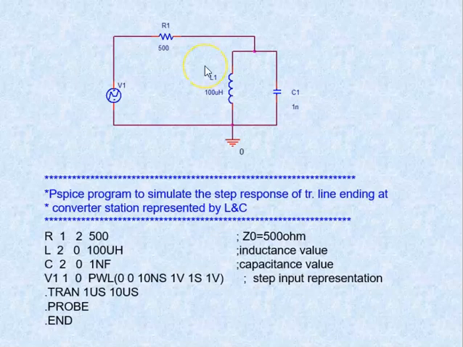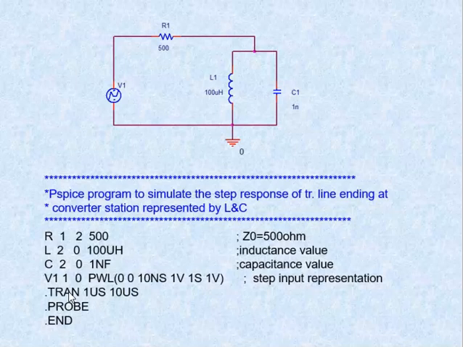Let us see an example. This is a piecewise program to simulate the step response of a transmission line integrated converter station represented by L and C. We are going to perform the transient analysis. The command for transient analysis is .tran.